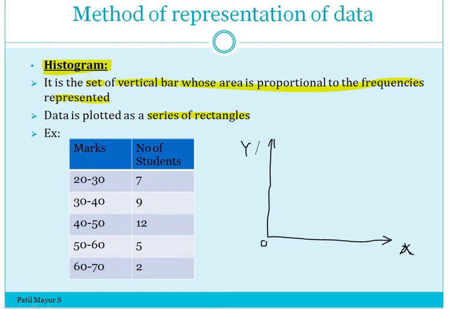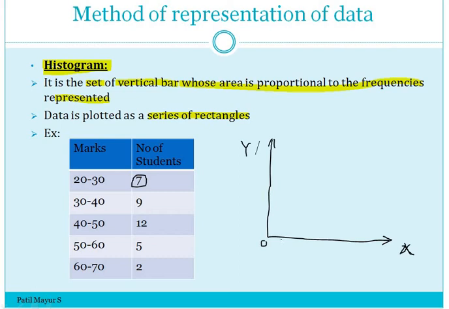Here the marks of the students are given, with the mark range here, and second is the number of students. The mark range is from 20 to 30, and 7 students have got marks in the range of 20 to 30. The 30 to 40 range has 9 students, meaning 9 students have got these marks. Then similarly 12, 5 and 2.